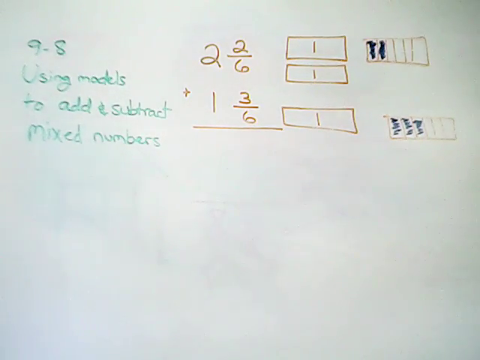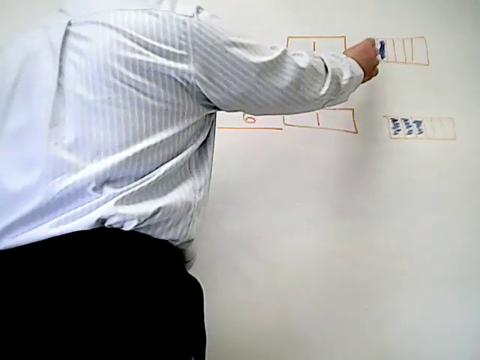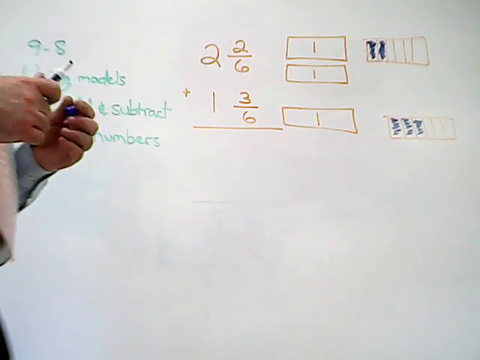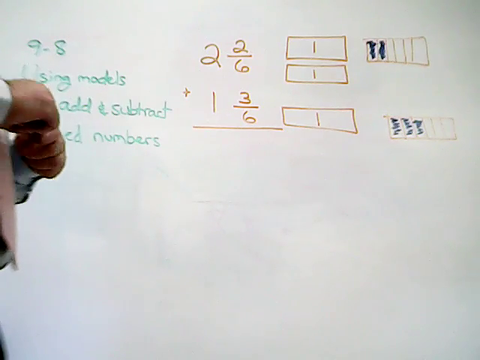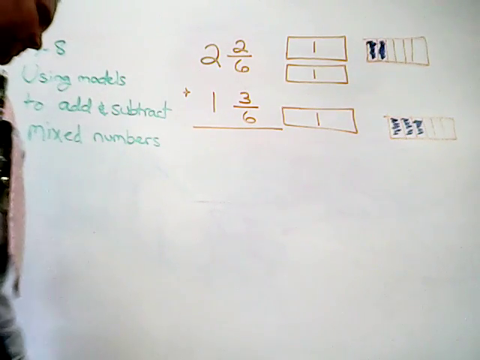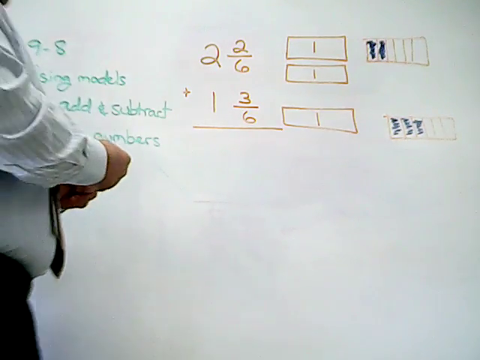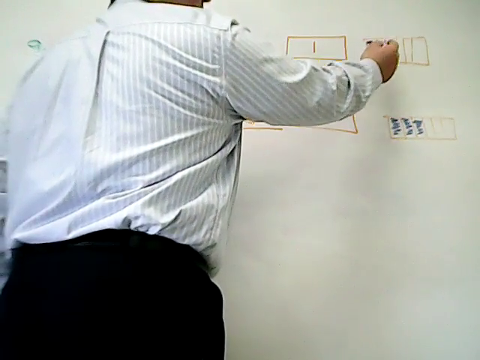And now what I'm going to do is add these together. The one thing to keep in mind when we use models is that my denominator does not change. I'm not going to be breaking my figures up into any pieces other than sixths. So I'm going to start on the fraction side. Here I have 2/6.